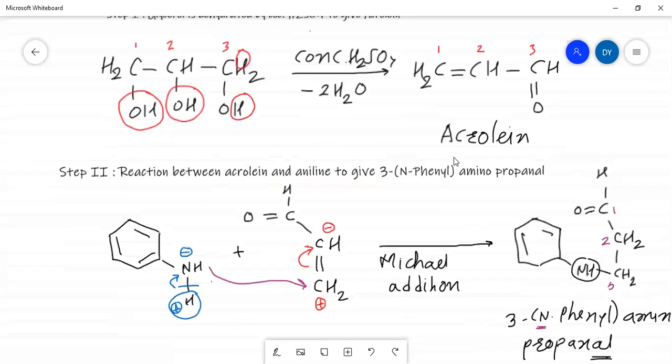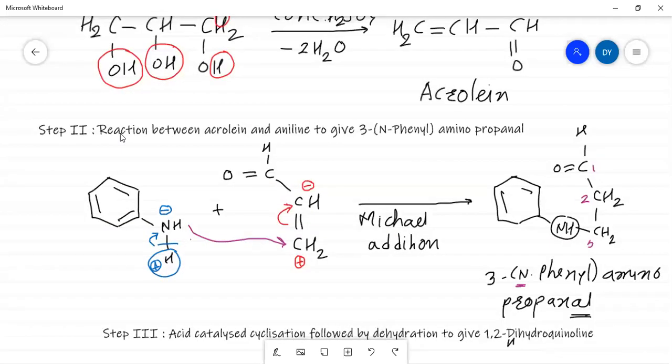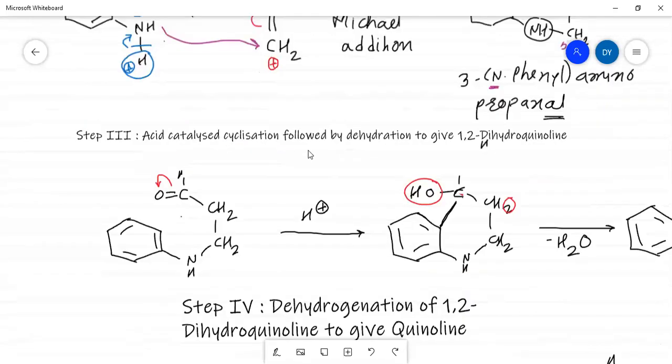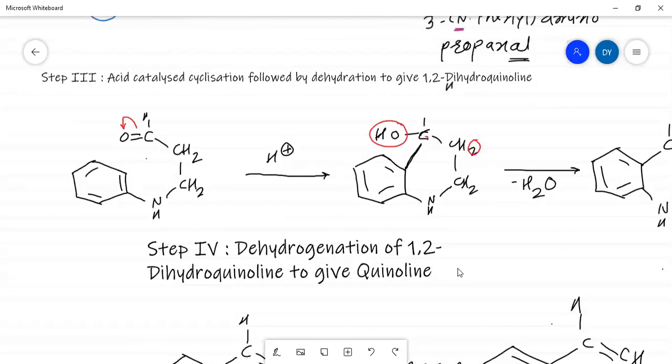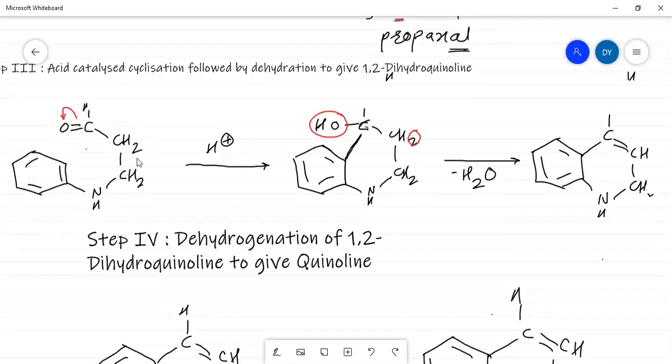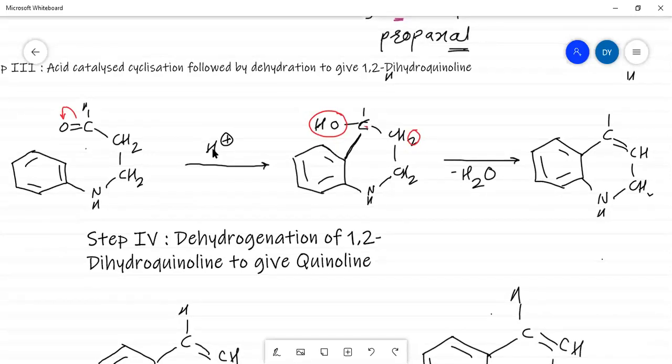Now step number 2. In step number 2, the reaction between acrolein and aniline gives 3-N-phenylaminopropanol. In this case, this N-phenyl nitrogen atom attaches with this carbon atom due to this type of bond breaking to form 3-N-phenylaminopropanol. Step number 3 is about acid catalyzed cyclization followed by dehydration to give 1,2-dihydroquinoline. Here the first step is acid catalyzed cyclization, because the acid attaches here.